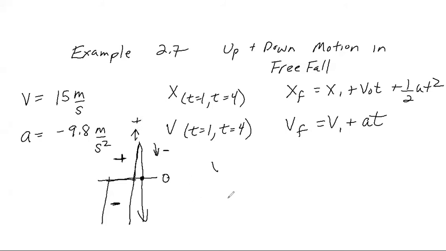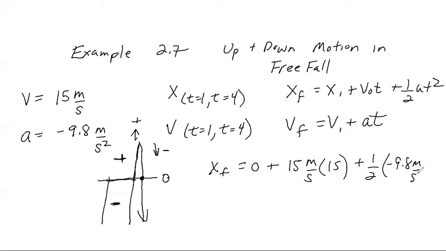For our position, x final, we'll start at 0 equals 0 plus an initial velocity of 15 meters per second times 1 second, plus 1/2 times negative 9.8 meters per second squared times 1 second quantity squared. Let me use my calculator.